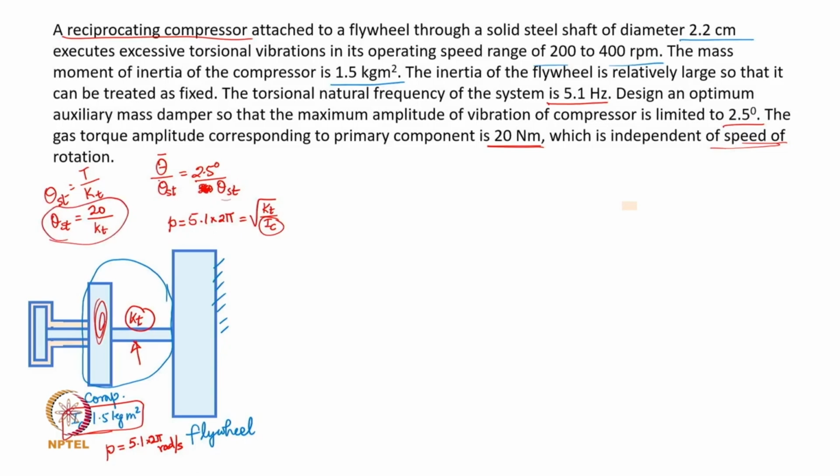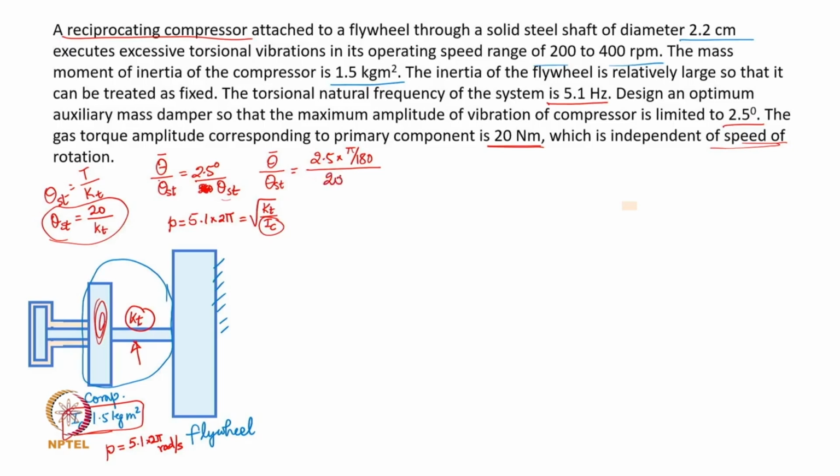So that's how it is, theta bar over theta static is equal to 2.5 divided by this kt, T over kt, right?